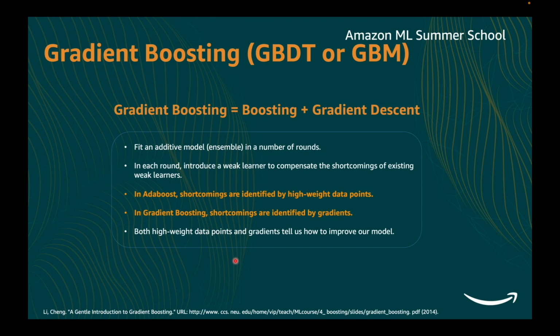Over here, the data points are identified by the gradients, the residuals essentially, and where there's a very high residual value, that means the model so far is not able to predict it very well, and therefore the model should learn that much better. So both high weighted data points and gradients tell us how to improve our final combined model in the boosting procedure.